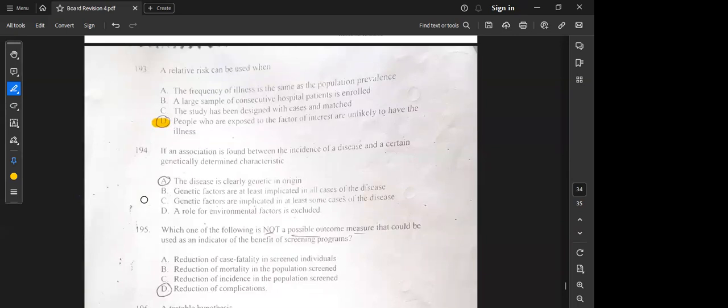Okay, then should we move on? If an association is found between the incidence of a disease and a certain genetically determined characteristic.